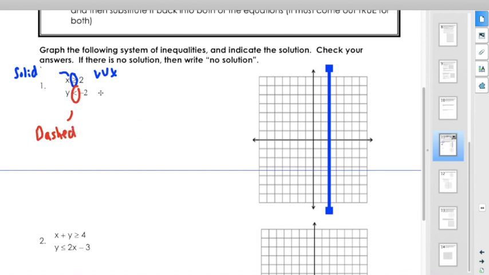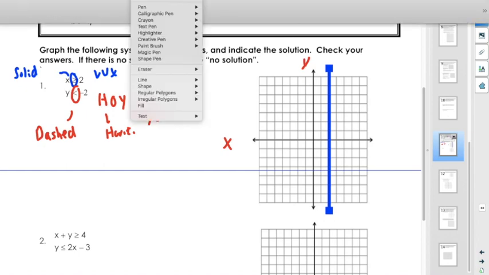And if it's y, that tells me it's also HOY, where the H stands for a horizontal line and the y stands for y equals. So let's graph this at y is negative 2. So recall, here's my x, here's my y. So we're looking for y at negative 2.